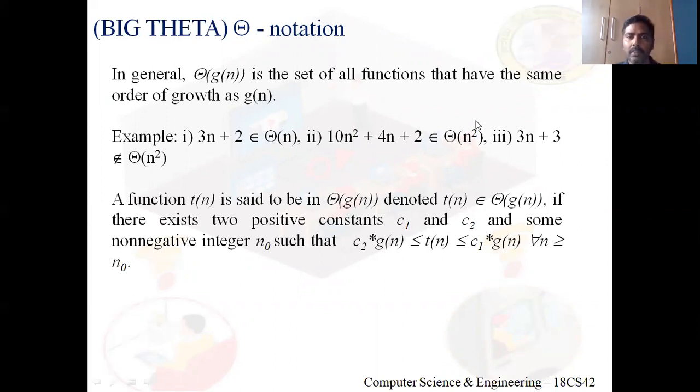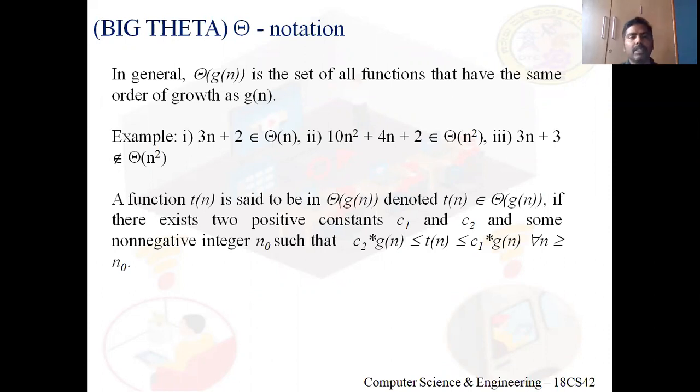If I want to say T of n belongs to big O of G of n, T of n's growth rate should be lesser than or equal to the growth rate of G of n. Suppose you are asked whether T of n belongs to big omega of G of n, then the growth rate of T of n should be greater than or equal to the growth rate of G of n.